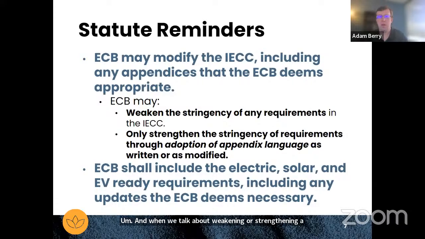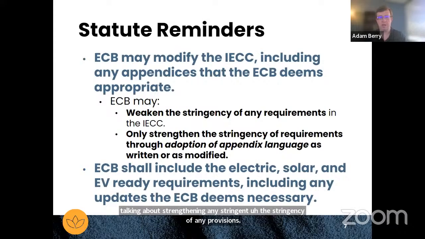The board is allowed to weaken the stringency of any requirement of the IECC, or any of the appendices. As a blanket statement, if it's weakening the requirements of the code, the board is allowed to do it without restriction. The challenge comes when we're talking about strengthening the stringency of any provisions. There are limitations on how we can do that.